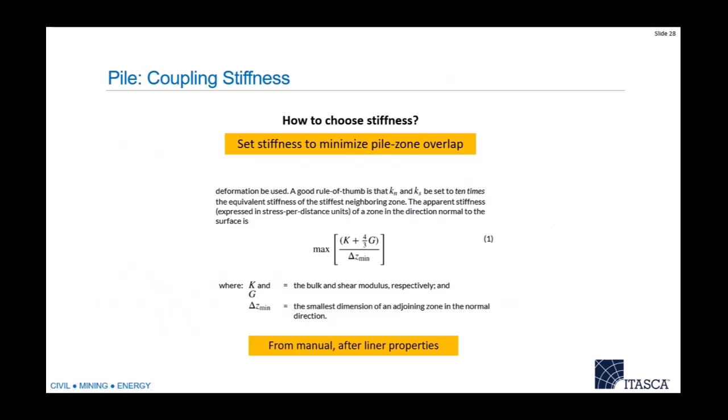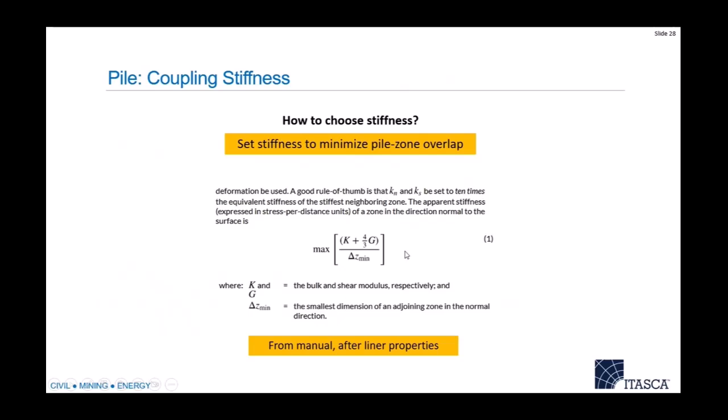Now that can be hard to find because your structural element might be going through zones of different sizes. When you create an unstructured mesh, these sizes are different. So generally, you just find the smallest zone your structural element is linked to, and you use that in this equation.